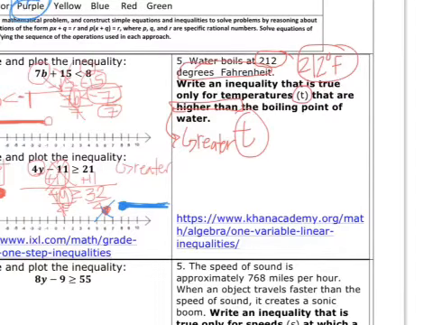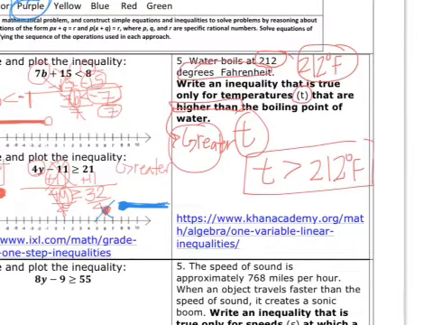So we already know we have T and we have 212 degrees Fahrenheit. If I want to do greater than, I will put a greater than symbol between them. This right here is your solution. Easy as 1, 2, 3.